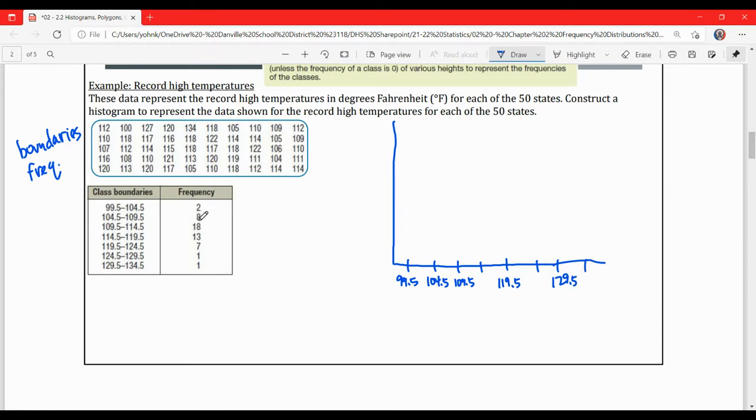Then I need to have a high frequency of 18, so maybe I count by 2s. 2, 4, 6, 8, 10. So these down here were temperature. And these along the side were frequency.